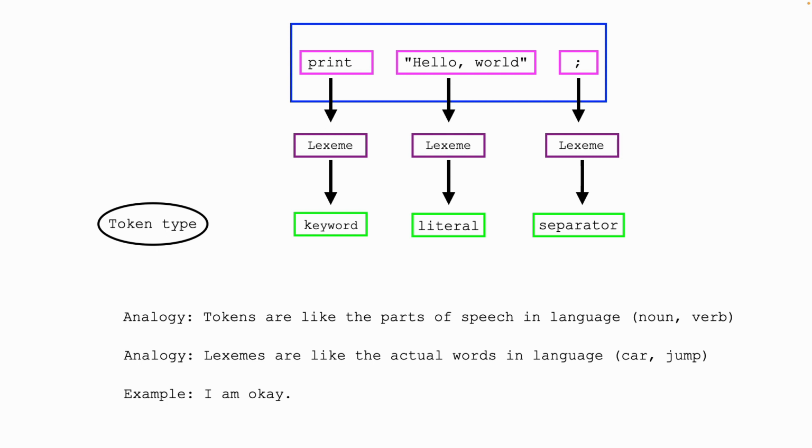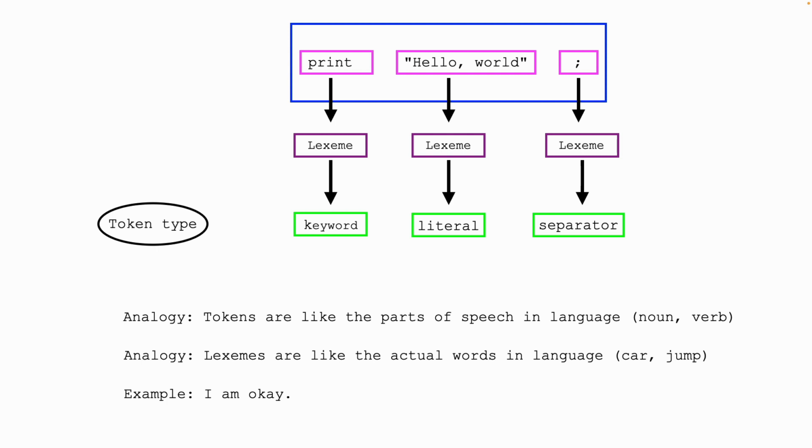So, for example, if you say jump or if you say car, those are nouns and verbs, of course, but those are specific instances of nouns and verbs. And so we know that car is a noun, and we know that jump is a verb. That's that pairing.